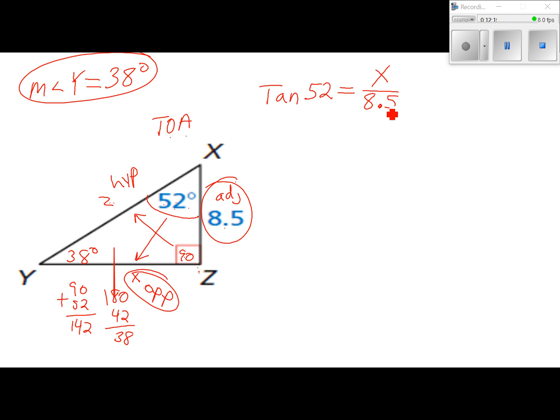Same stuff over again. We grab our calculator, we punch in tangent, don't hit second because we're not finding the angle. Tangent 52, we want to get rid of this word, change it into a decimal form. It's 1.2799. Put a 1 underneath that.